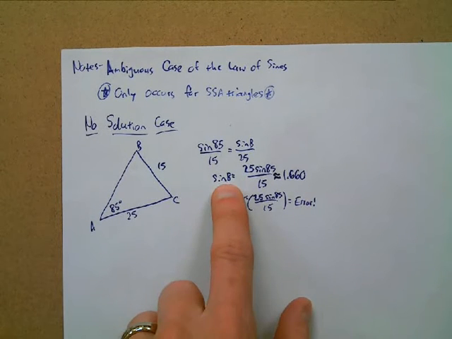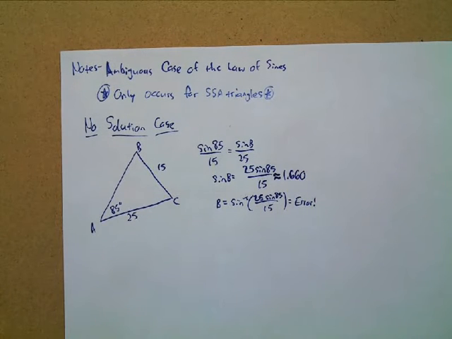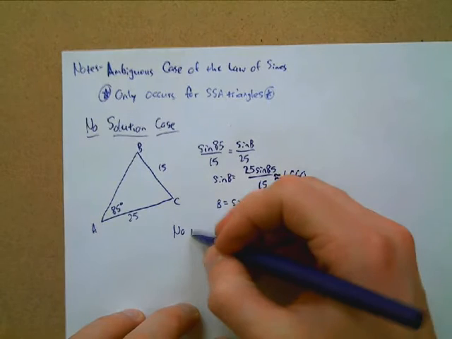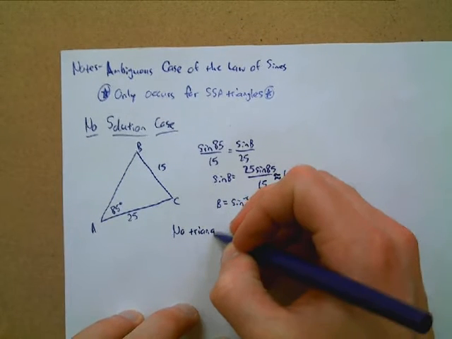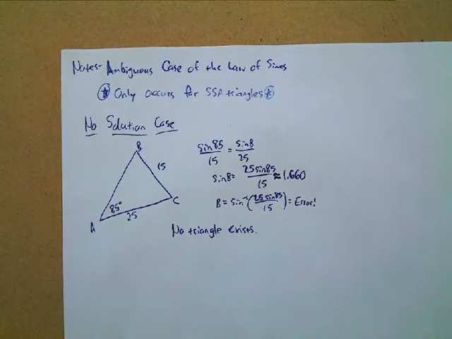The highest sine of an angle is going to be is 1. The range of sine is negative 1 to 1. So it's just impossible. No such triangle exists.